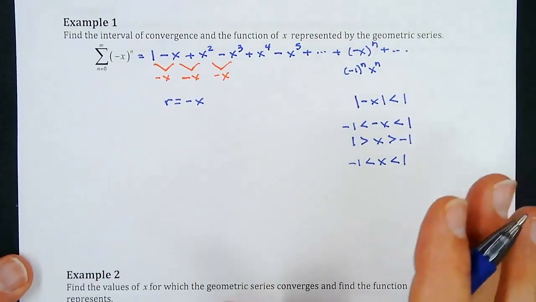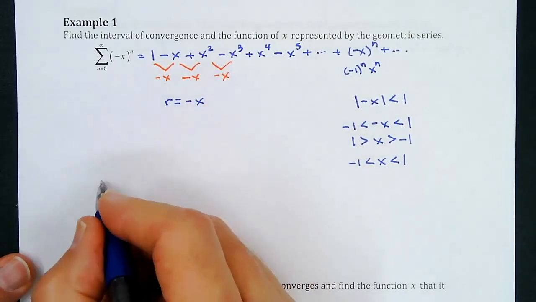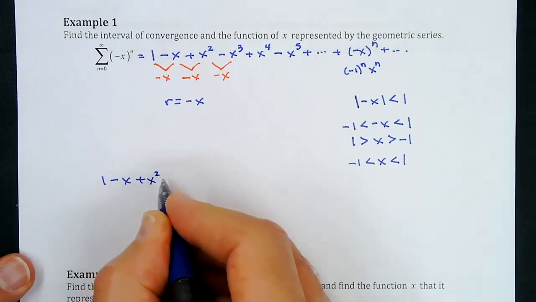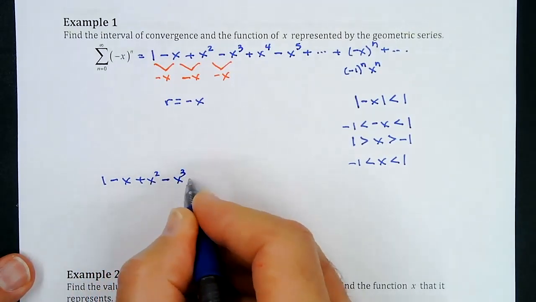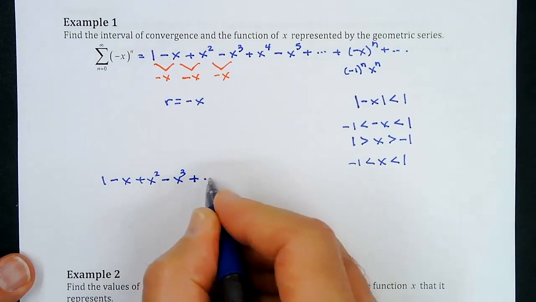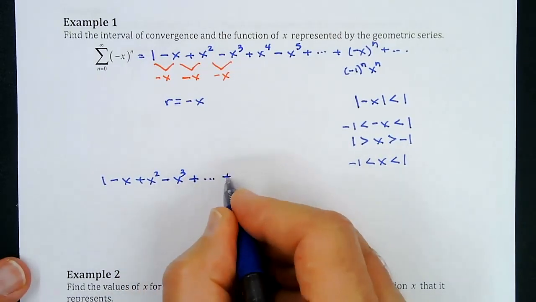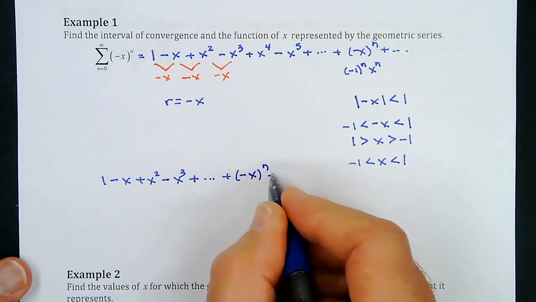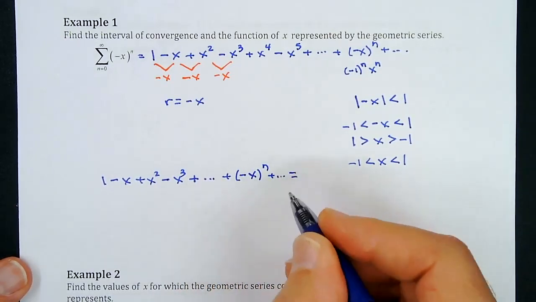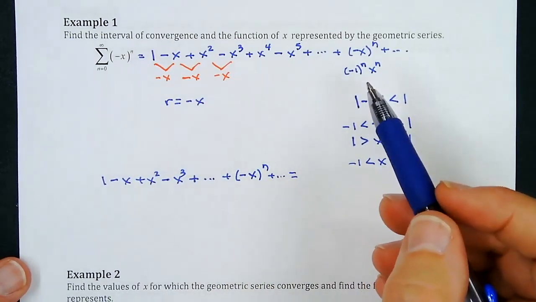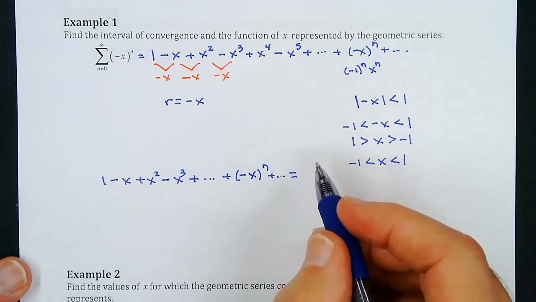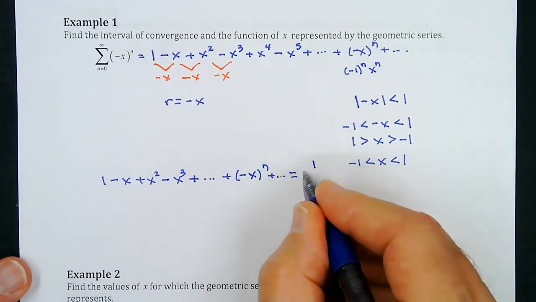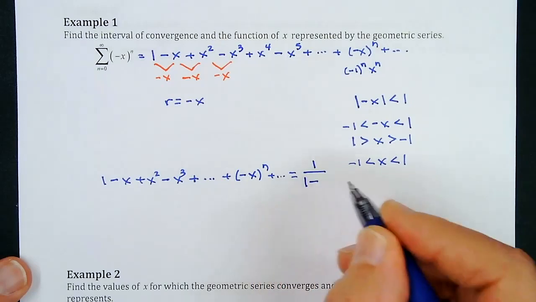Okay, so let's take a look at this. Our series is 1 minus x plus x squared minus x cubed plus dot, dot, dot, plus, we always have to put the nth one in, (negative x) to the n power plus dot, dot, dot, is equal to, since this is just like a geometric series, it would be the first term, which is 1, over 1 minus our r value.